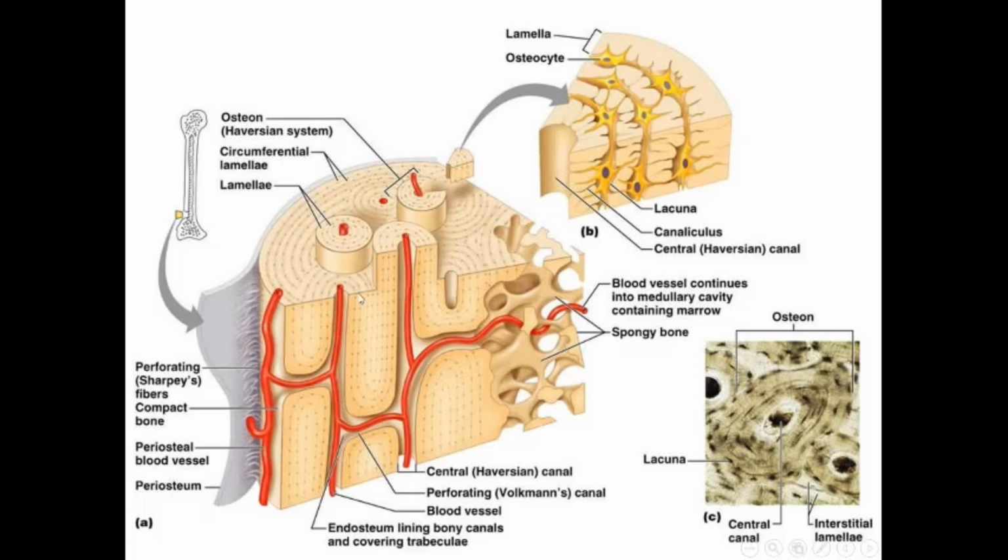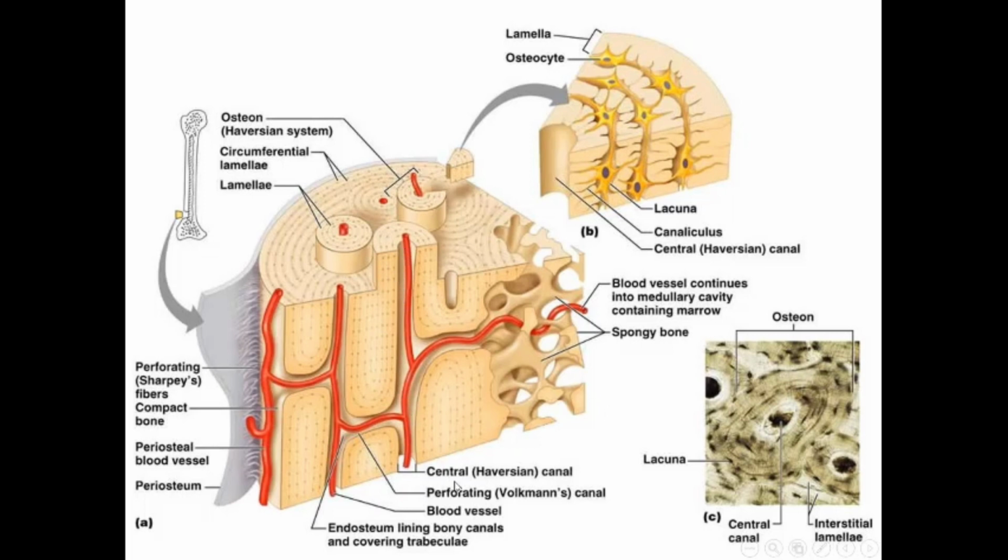Again, here another picture shows the circumferential lamella, outer and inner, Haversian and interstitial between them, and you can see the osteocyte trapped between the layers.